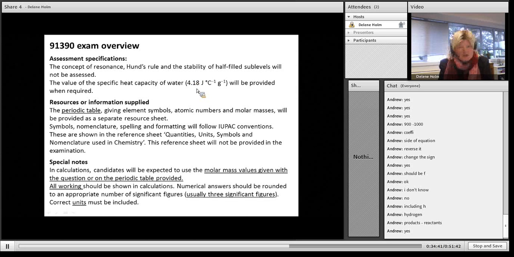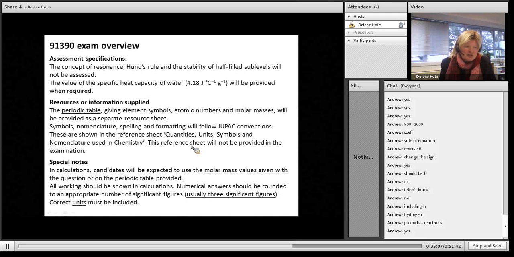And it also tells you that in the exam you will always get the value for the heat capacity of water. Remember, you needed that for calorimetry questions. You will always be given a periodic table. And although you're not given this sheet called the quantities, units, symbols, and nomenclatures in chemistry, that reference sheet won't be given in the exam.